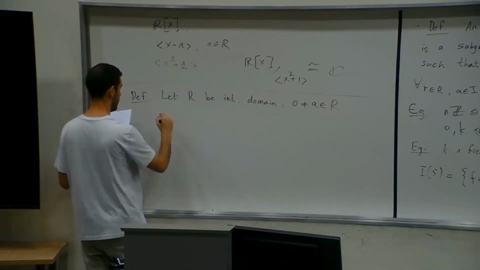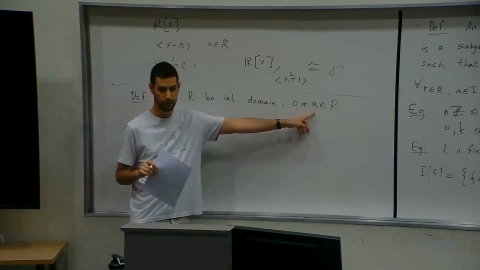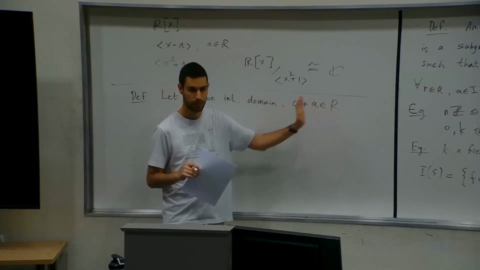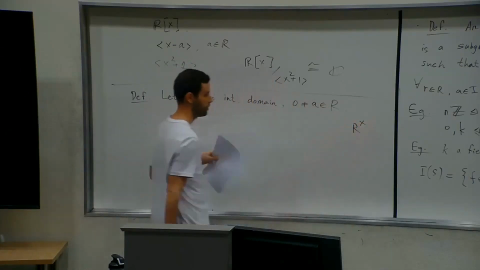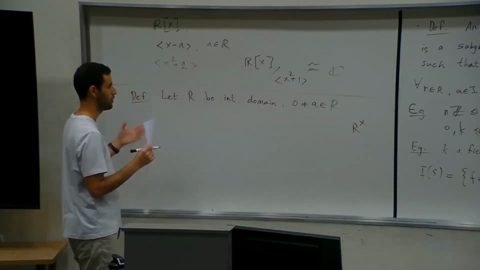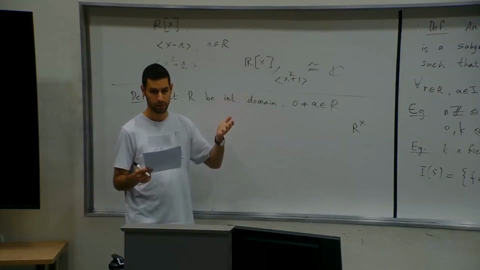When do we say that a is a unit? If there exists b in R such that ab is 1. The set of all units we sometimes denote like this. So for example, in the integers, the units are plus or minus 1.